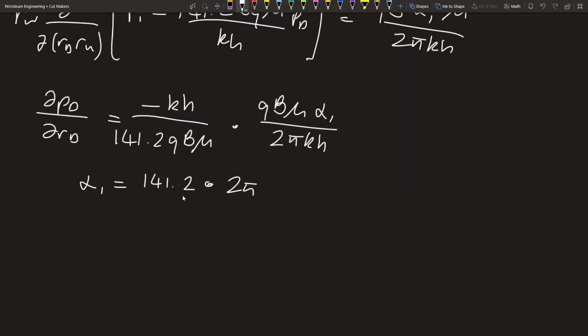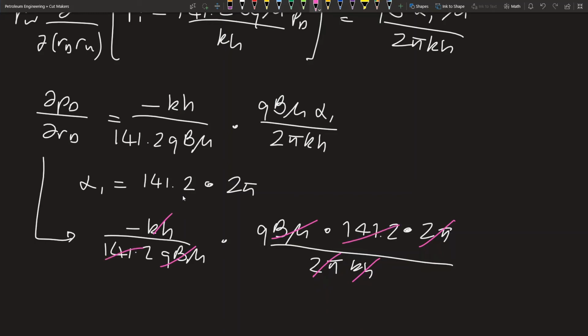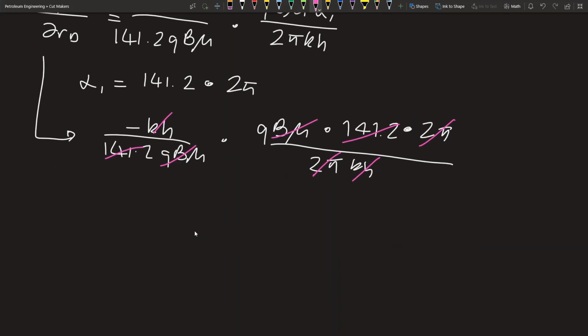So we can rewrite this as negative kh over 141.2 qb mu, multiplied by qb mu times 141.2 times 2 pi all over 2 pi kh. Now we can make some simplifications. 2 pi's cancel out, kh cancel out, qb mu's cancel out, and 141.2 cancel out. Finally, we're left with dou p sub d over dou r sub d is equal to negative 1.